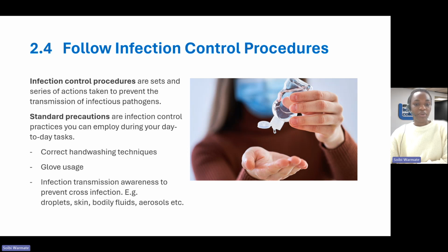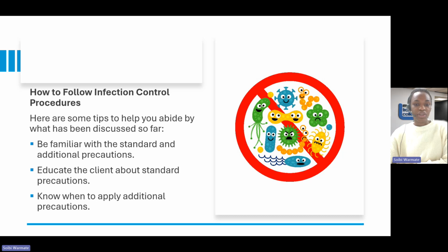This includes droplets, skin, bodily fluid, aerosol, and others. How to follow infection control procedures. You need to be familiar with the standards and additional precautions. You need to educate the client about standard precautions, and you also need to know when to apply additional precautions.